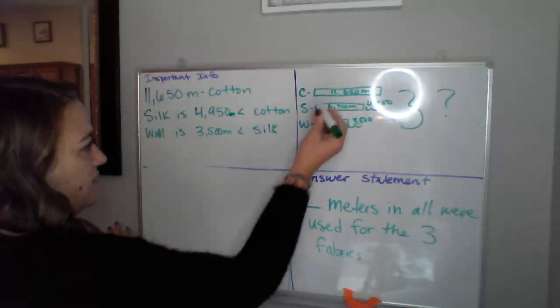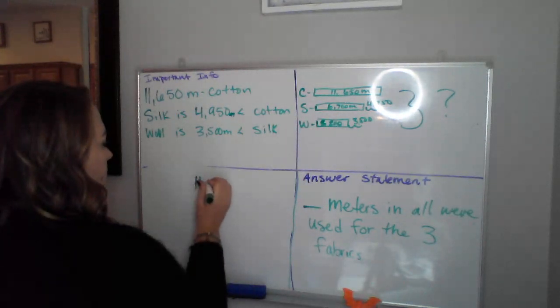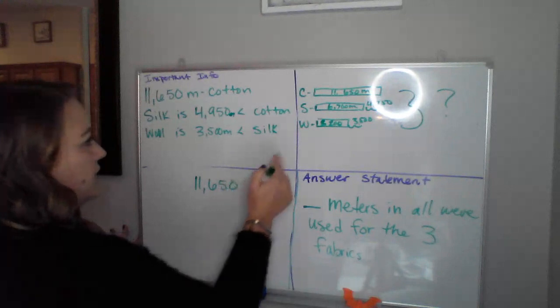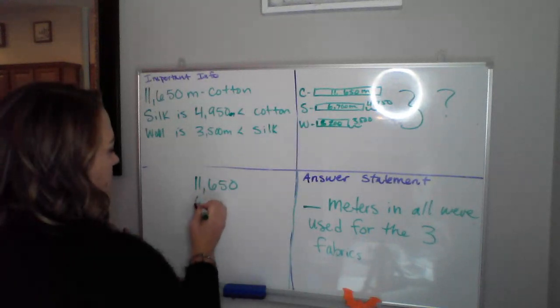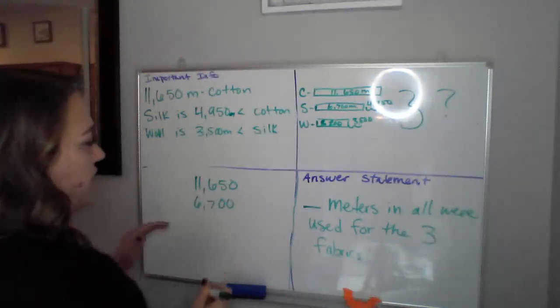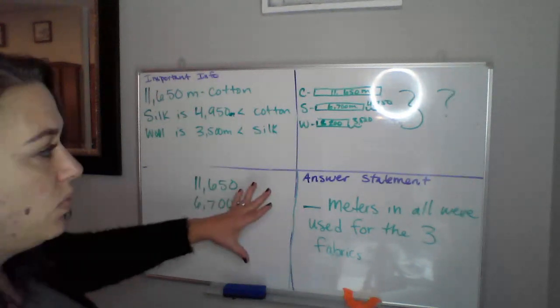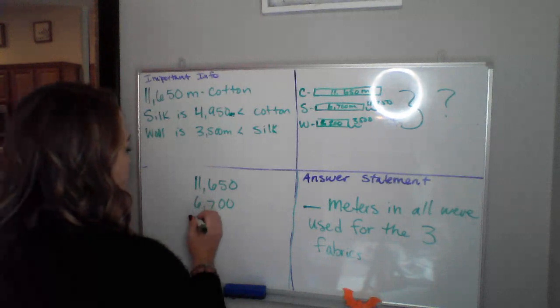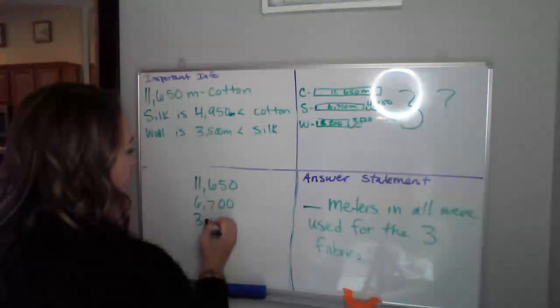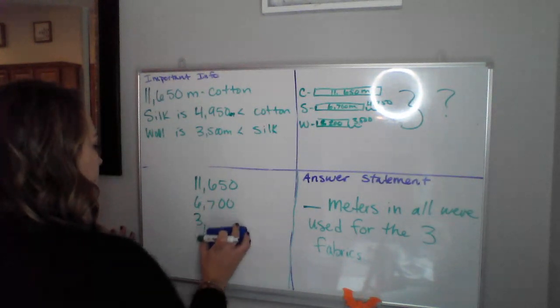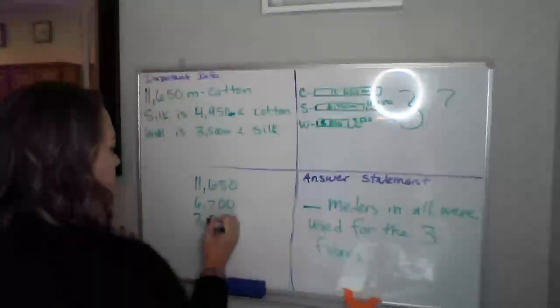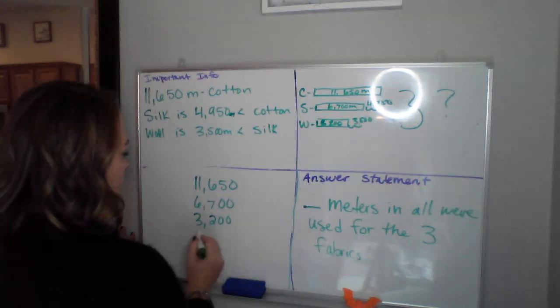So if I have 11,650 and 6,700, you could stack all three up if you wanted to. You could do two at a time and then add one more, whatever you're feeling comfortable with. I'm just going to add them all at the same time. And I'm confident you could do the same.